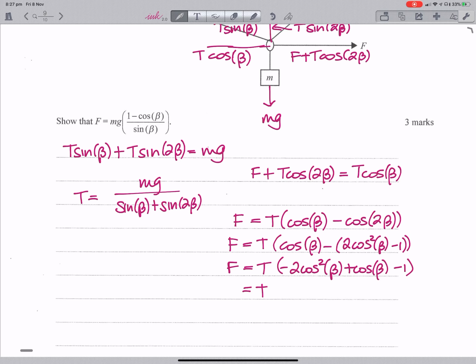Okay, so T, let's factorize this thing. Negative 2 cos beta and then cos beta. We've got to have 1 and 1. So minus 1 plus 1.